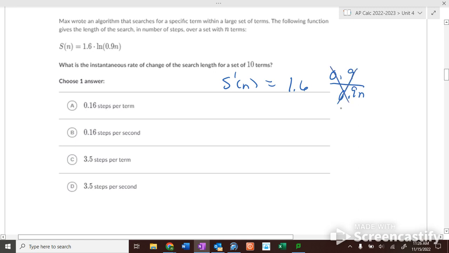And the 0.9's cancel, so it's 1.6 over n. And if n is 10, 1.6 divided by 10 is 0.16. And then that would be steps per term, or steps per second. It would be per term.